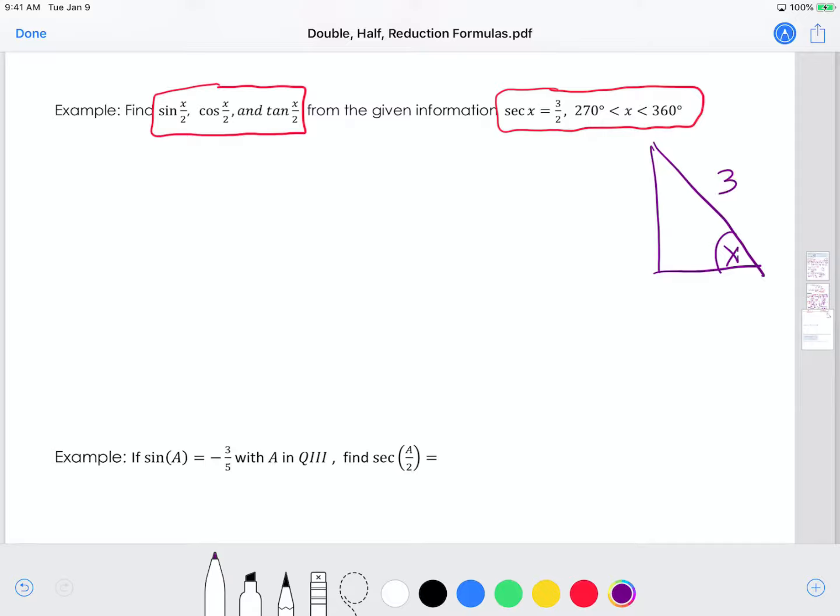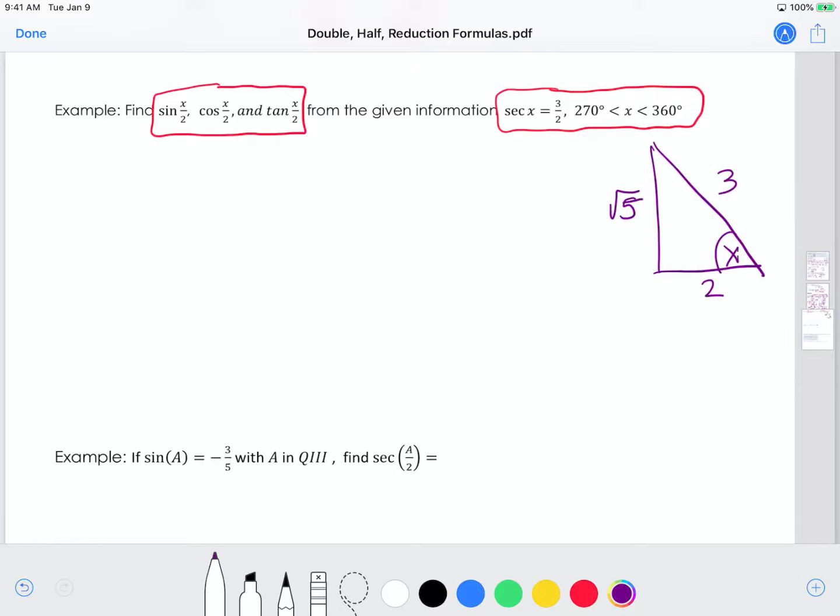So this is going to be 3 and 2, my adjacent and my hypotenuse side. So to find my other leg of the triangle, we're going to use Pythagorean Theorem. So this is going to be the square root of 5. So the other leg is going to be the square root of 5.